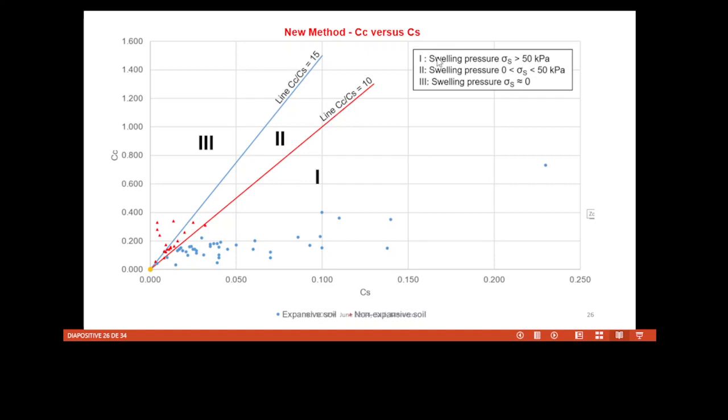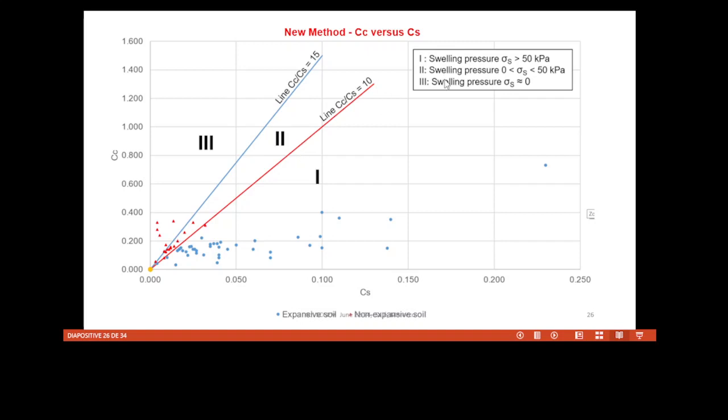Zone 1, for which the compression index by the swelling index is higher than 10, and we have from the left side zone 3 when the CC by CS is more than 15, and here is less than 10, and we have an intermediate zone.